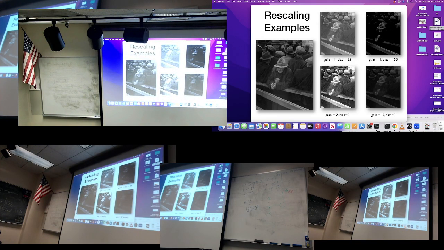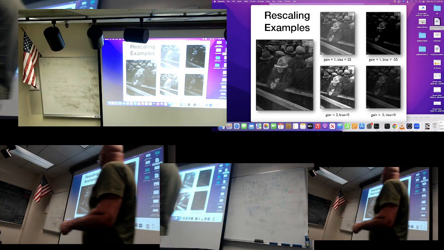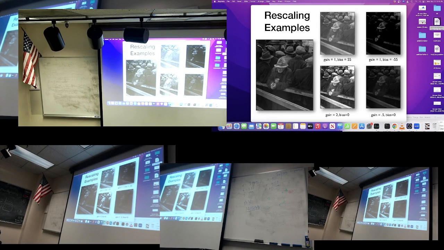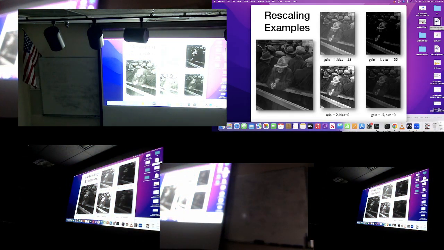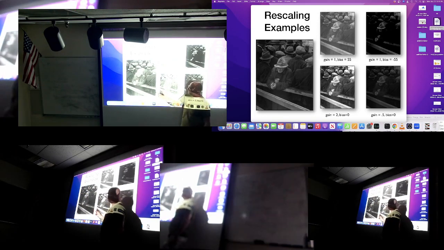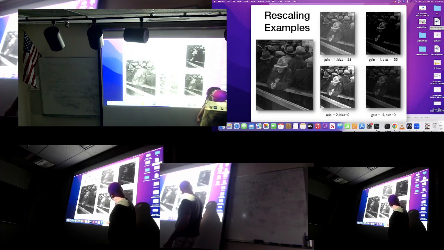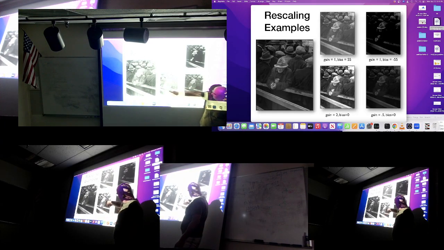Okay. A few examples of playing with alpha and beta and how it's overexposed or underexposed. No gamma correction here, just alpha and beta on the intensity itself. I would think that this is too much exposure.